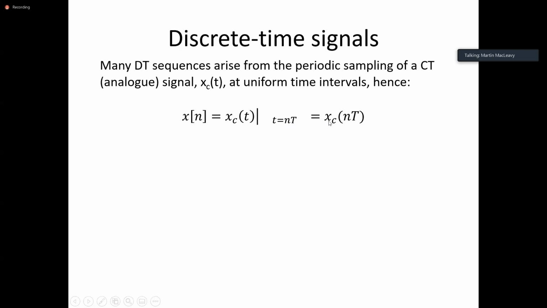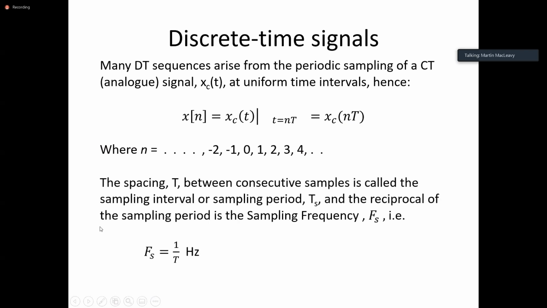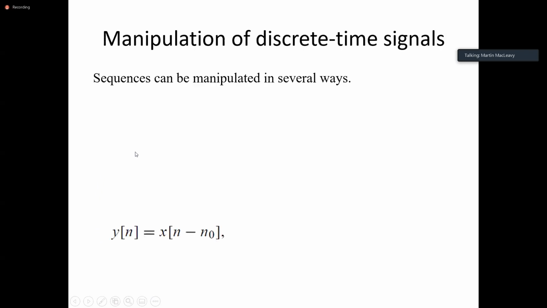In other words, it's sampling a continuous time signal at T seconds periodically, and we are getting our sequence x of n. All right, and I'll leave that, come back to it later.